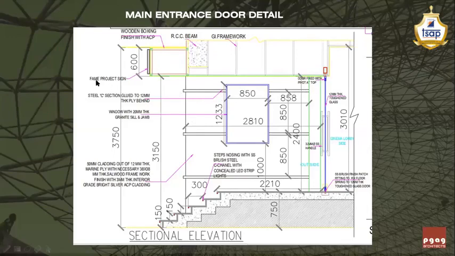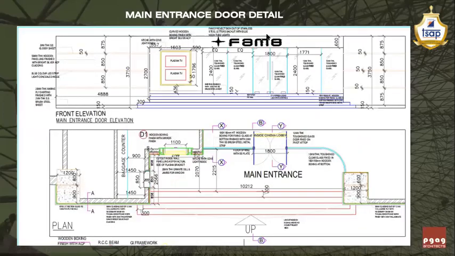Now, as you have observed, there is the RCC lintel, the RCC beam here. We are taking wooden support from this RCC beam to form an architrave for a frame project signage. In the earlier slide, you must have observed the frame project signage architrave is 6 mm wide and 600 mm height, and it goes throughout the length.